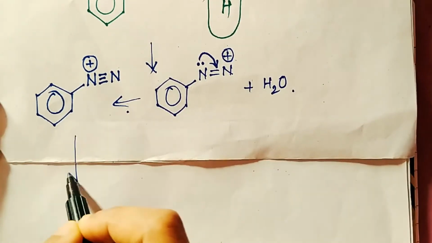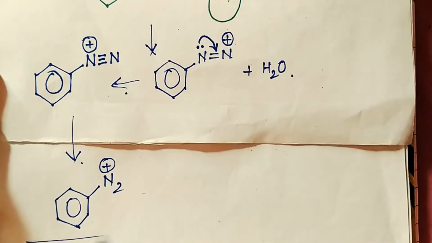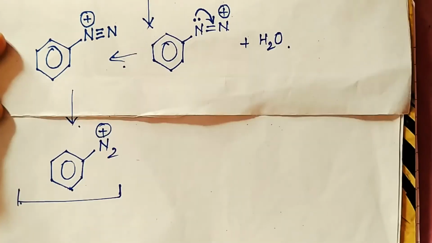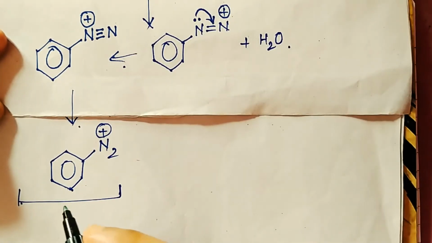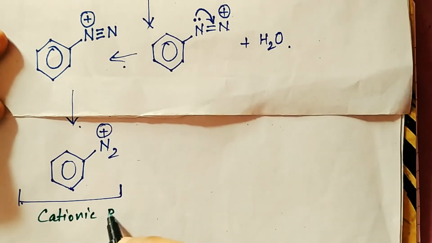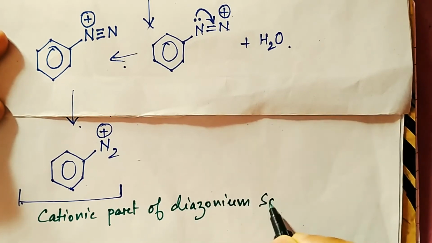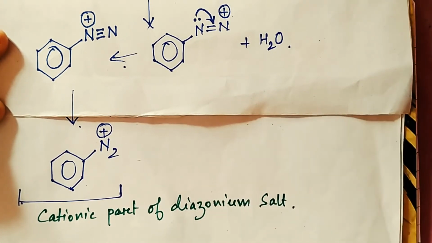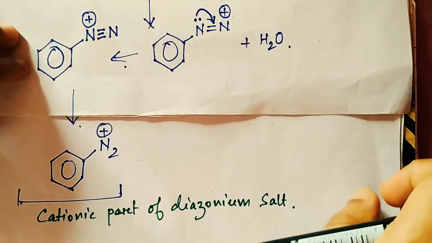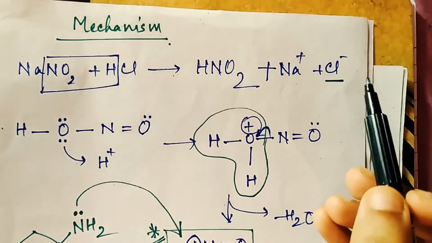Now you can see this is N2 plus. You can also write it this way, N2 plus. So this is the cationic part of the diazonium salt. Now in the solution you have the Cl minus ion, which I have mentioned is here.